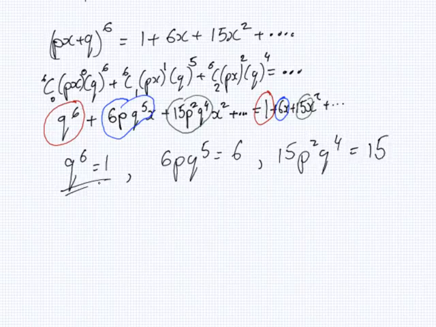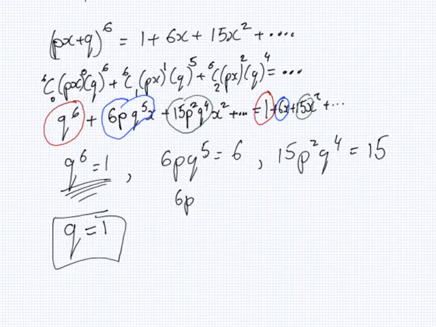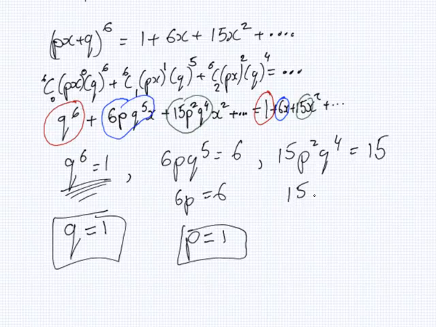So when you look at this, clearly q has to be 1. If q is 1, you get 6p = 6 because this is 1. So then p has to equal 1 as well. And you can check here, does 15 times 1 equal 15?